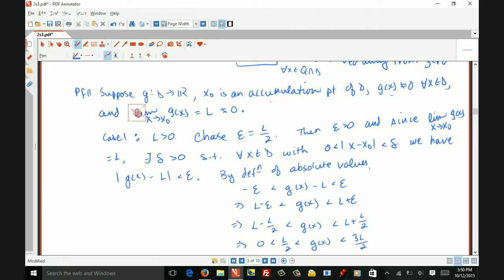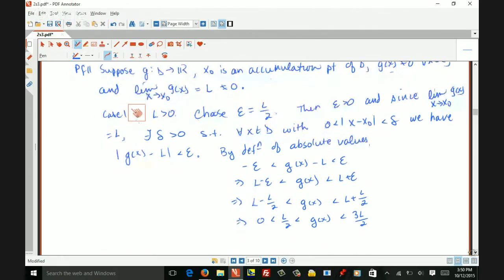It's all greater than 0, so that tells you that g of x in absolute value is greater than or equal to L over 2, right? That's what we wanted. So in this case, that is the M, L over 2.